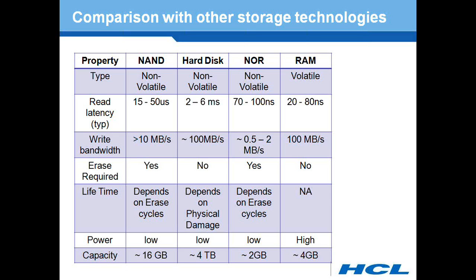For hard disk, today we can get up to 4 terabytes, and volatile memories are around 4 gigabytes. NOR flash memories are around 2 GB, so you can store up to 2 GB per flash, which is the latest in the NOR flash domain.